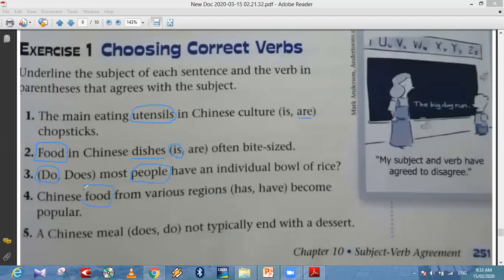I told you before that the simple subject must be a noun, not an adjective or any different kinds of articles. So food is the simple subject, singular noun. Why not regions, Mustafa? Because from various regions.